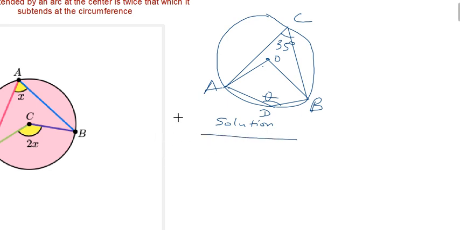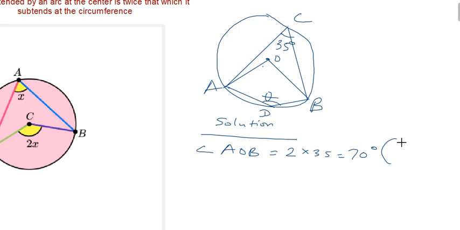Now to solve this, we are looking for theta. We see that this angle here, let me call it angle AOB, at the center is twice the angle at the circumference from this theorem. That will be 2 times 35, which is 70 degrees.